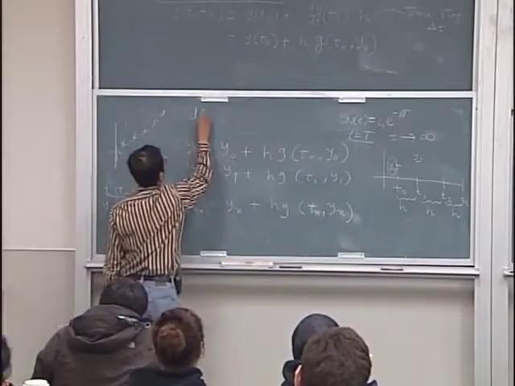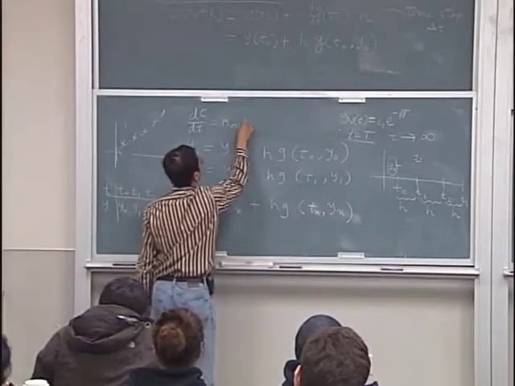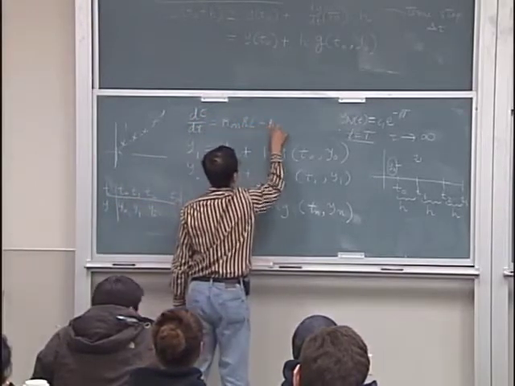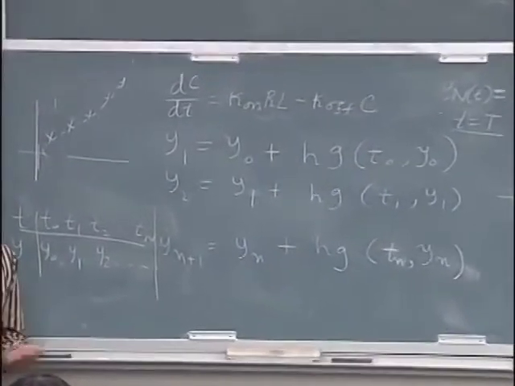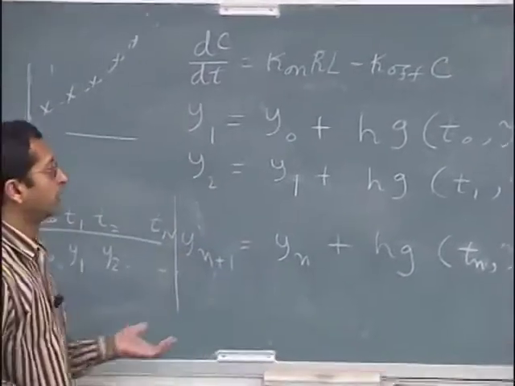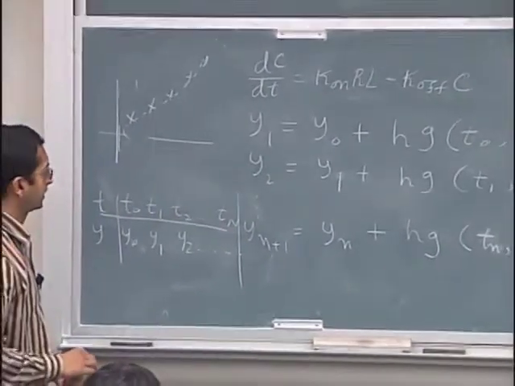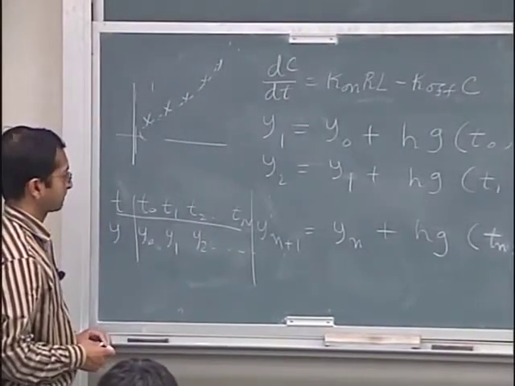A simple equation like this doesn't have analytical solution. So you can imagine there are a lot more complicated situations than this, and you don't have hope for analytical solution. So you need to go through this numerical solution.